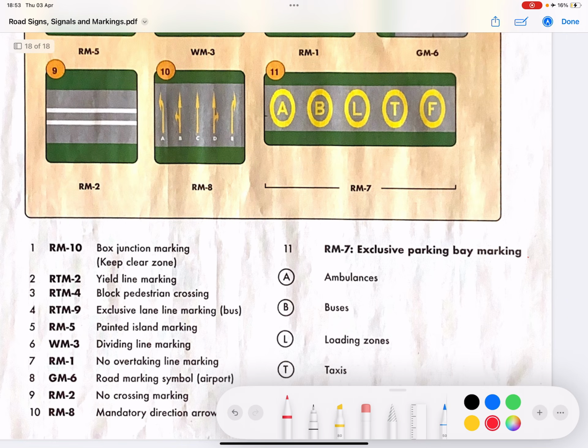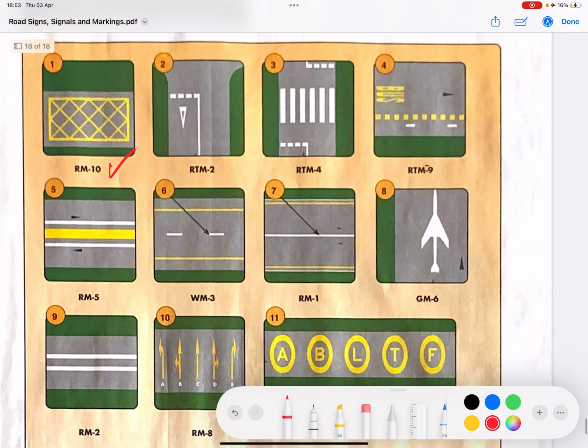That means you must not park or stop here. It must be kept clear. No one should stop there, even if there is traffic.